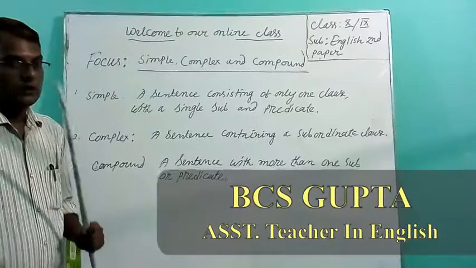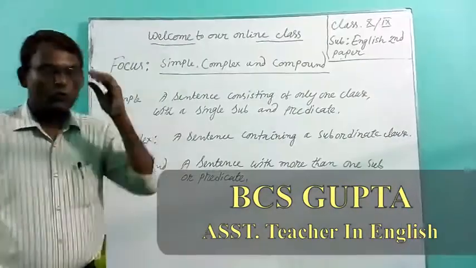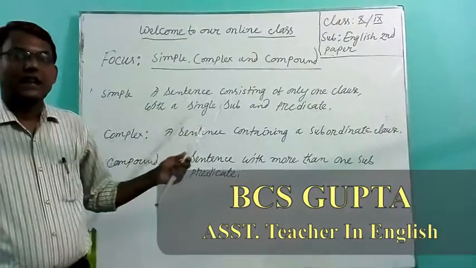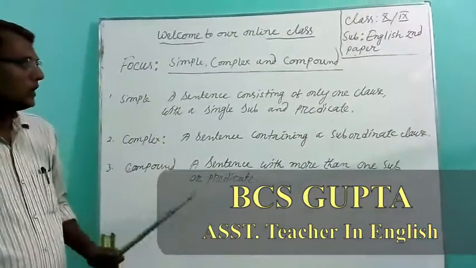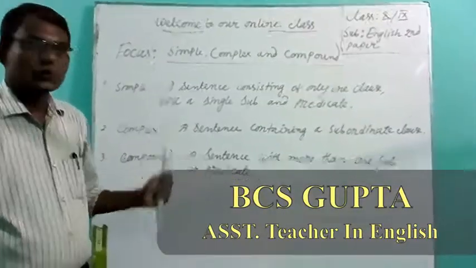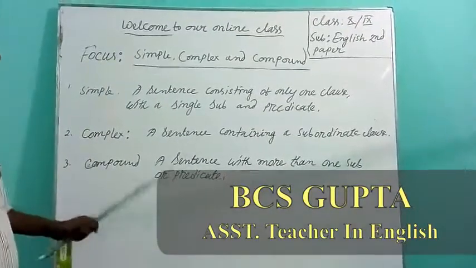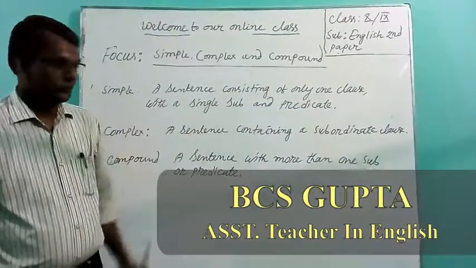So, dear students, at first you have to know what is simple, complex and compound. Then you have to know different types of rules. Then you are going to change simple into complex and compound.